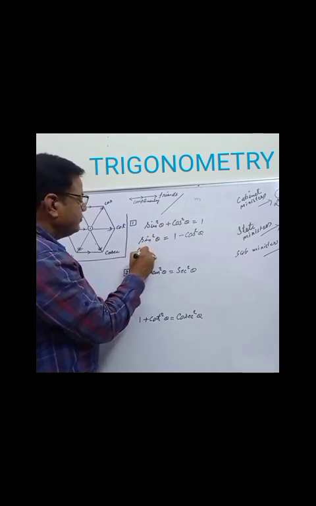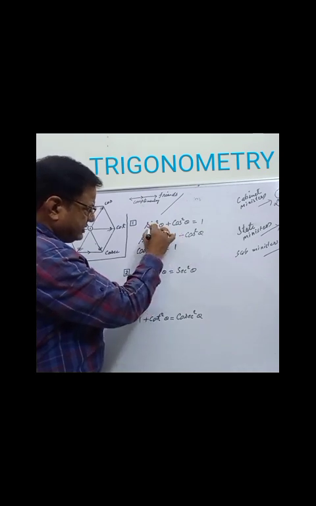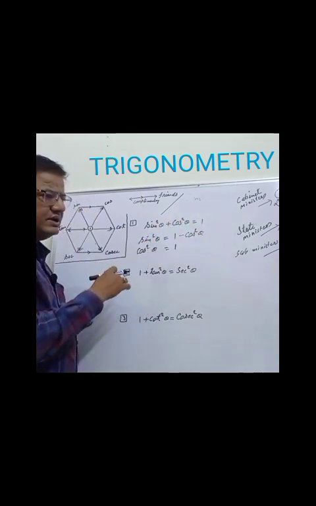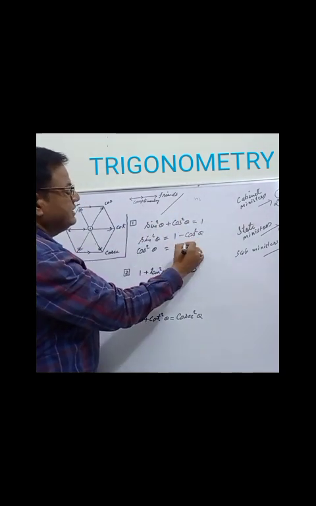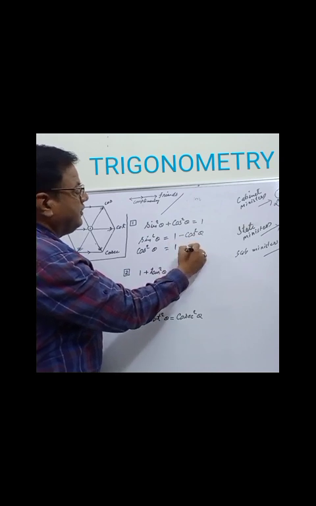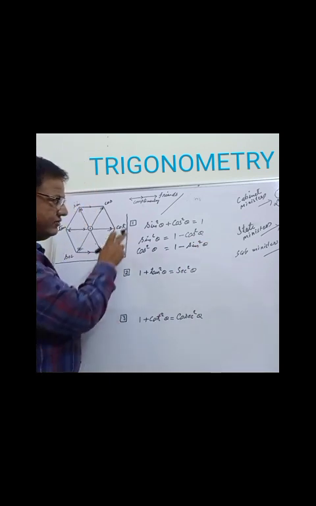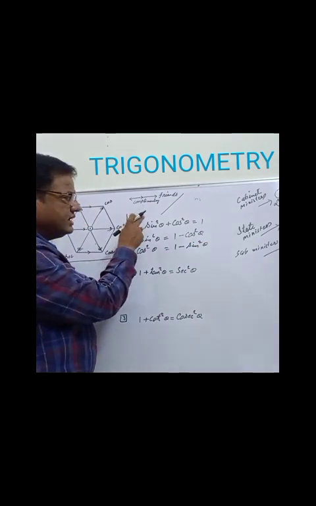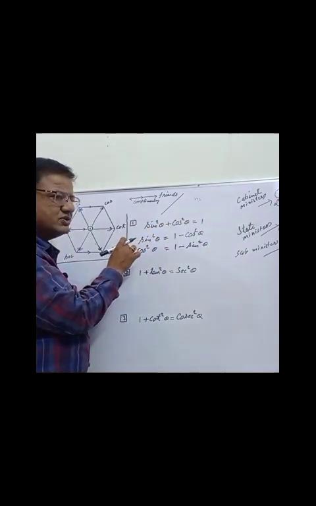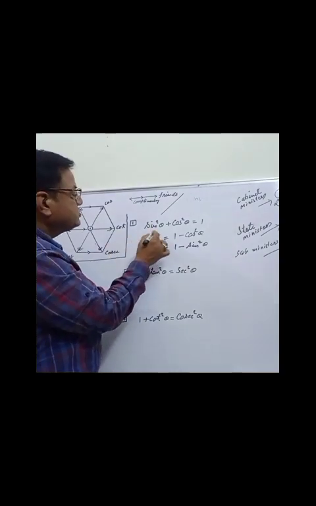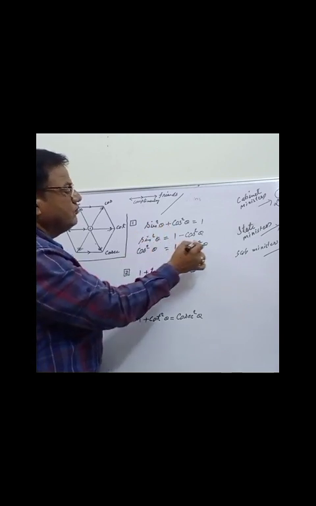And if we want to find the value of cos square theta, then sin square theta will leave its place and go to the other side, and it will change to minus. So the first identity is sin square theta plus cos square theta equal to 1, and in transposition form, sin square theta equals 1 minus cos square theta, and cos square theta equals 1 minus sin square theta.